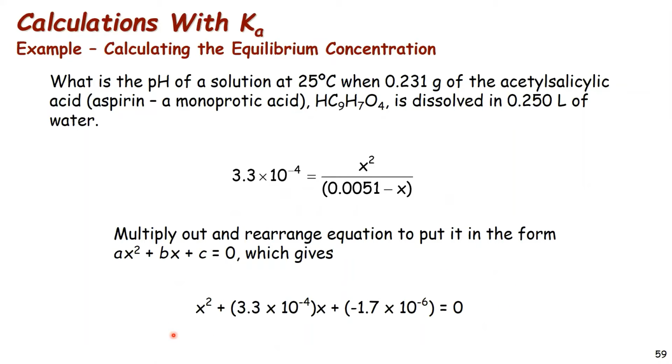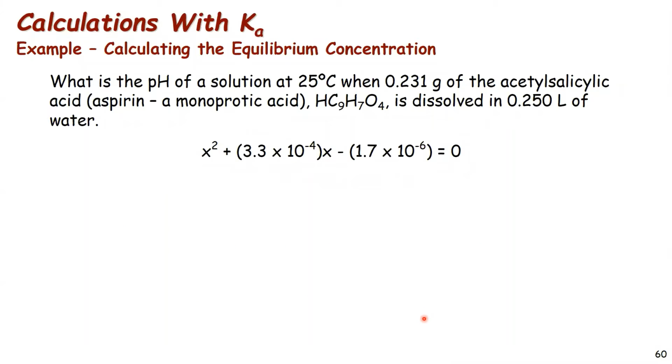I wrote it like this, but when you write it, it's just going to be minus 1.7 times 10 to the negative 6. But remember, it's always plus. So if it's a negative sign, that means that value is negative. So our a in this case is 1, our b is 3.3 times 10 to the negative 4, and our c value is negative 1.7 times 10 to the negative 6.